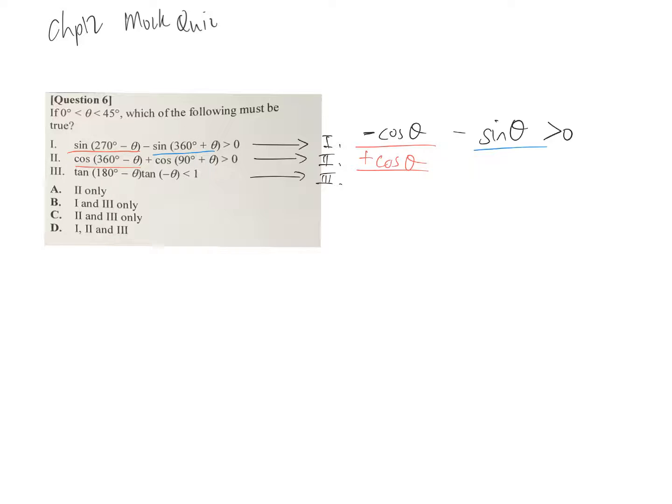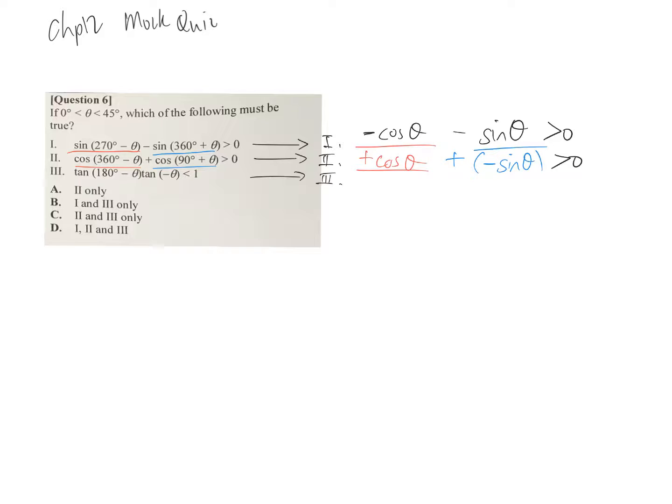Then 90 plus theta is in the sine quadrant, so cosine is negative, and because of the 90 you need to change to sine theta. So it is actually asking you this.